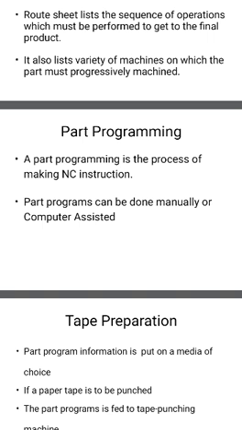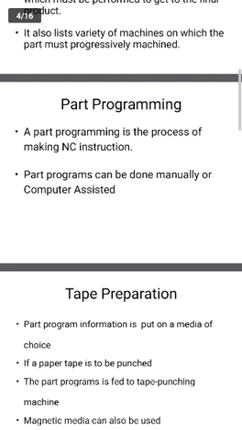That is called computational assisted part programming. Understood? First manual part programming, then computational. In manual part programming, we will write the program and send it to the manuscript. From there, the computational assist will transfer the data to the system and the machine will run. So this is called part programming.